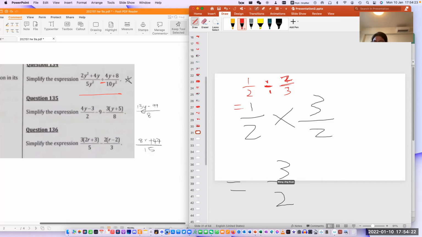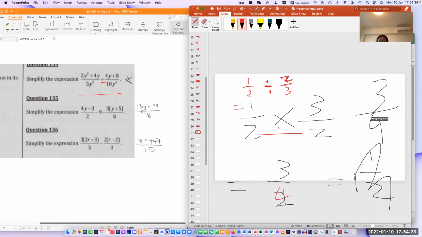So this is the first approach. 2 times 2 is 4, right? It's times, so it's not plus. For multiplication, it is numerator times numerator and denominator times denominator. So you know what to do with fraction division, right? Therefore you do the same thing.